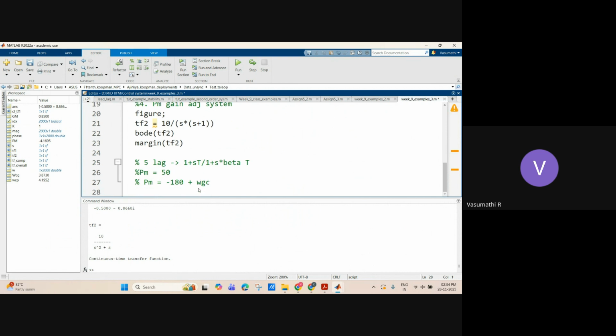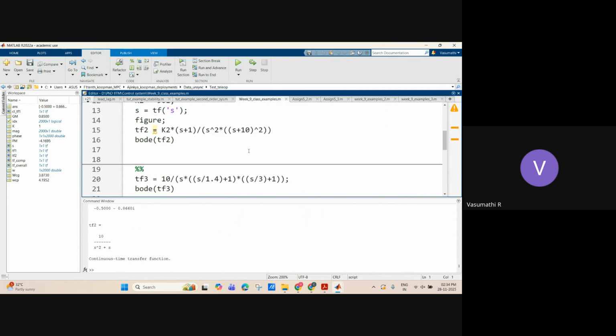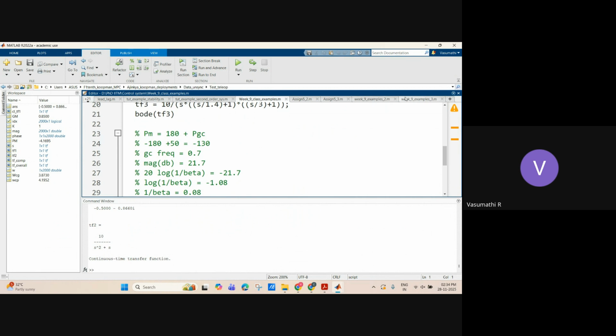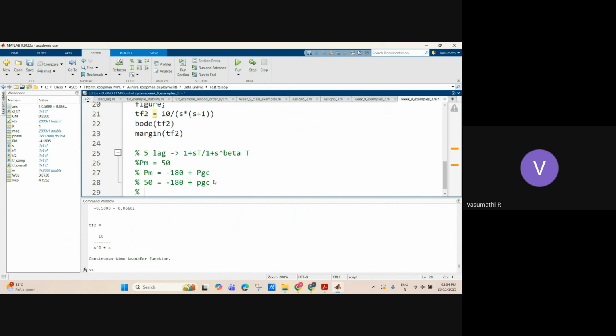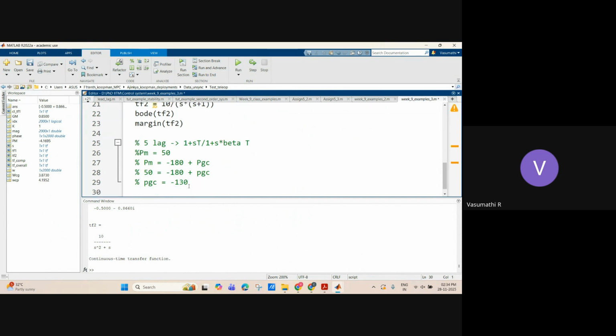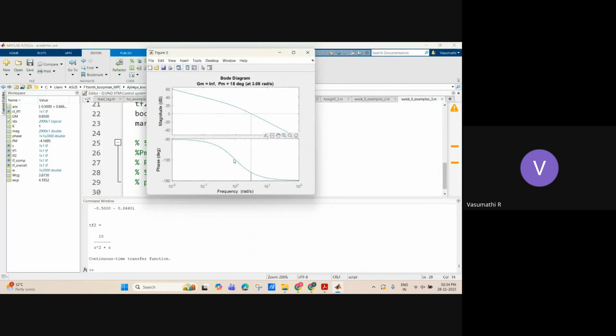Now the phase margin we need, 50, is equal to minus 180 plus phi at gain crossover. Now phi will be minus 130. We have to look at minus 130 in the bode plot of the gain adjusted system. So where does this minus 130 occur?